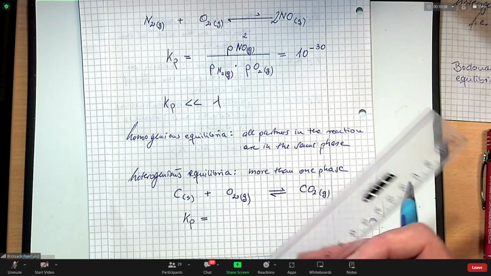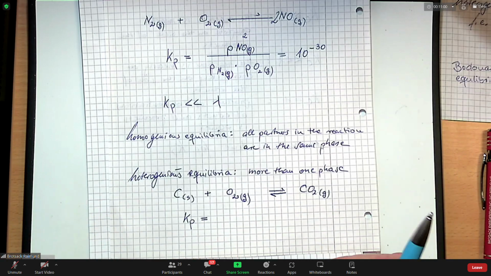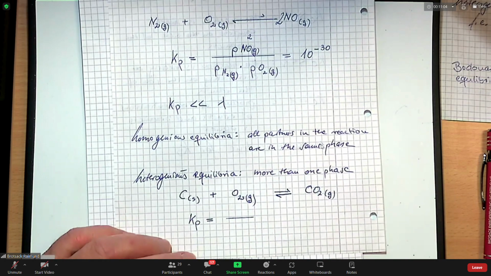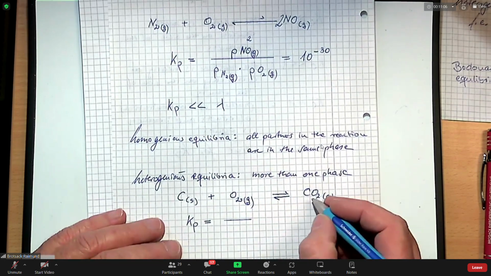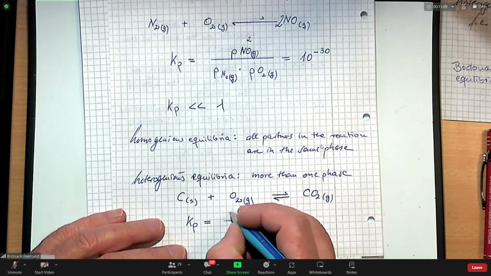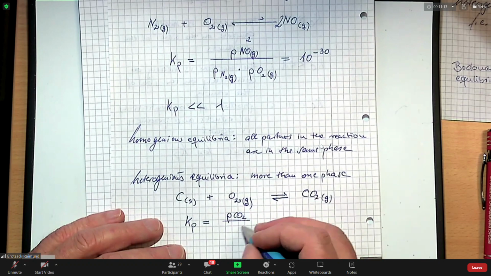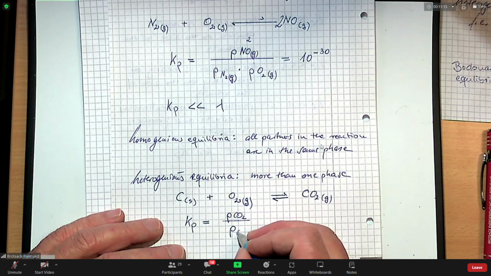So we say, okay, then we don't need it. We just need the partial pressure of the two gaseous components. And this is CO2. So the partial pressure of CO2 is only 1 over the partial pressure of oxygen.